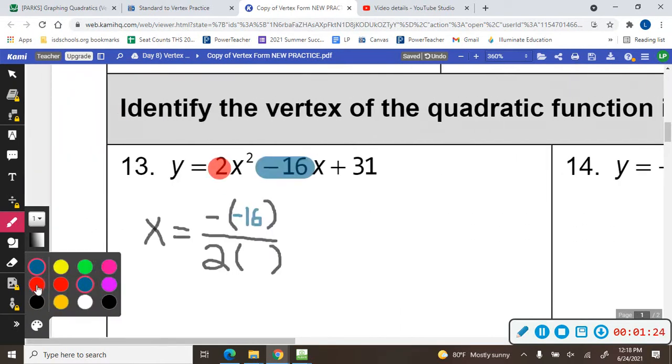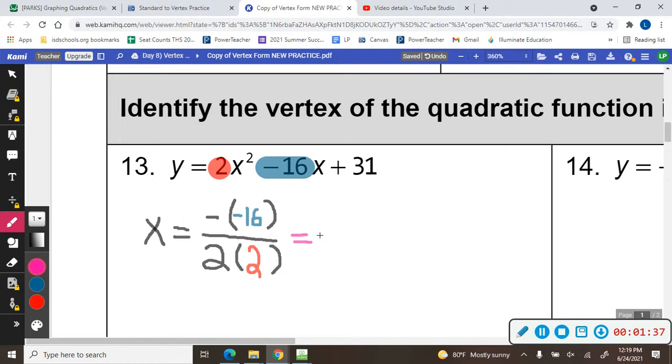So my a is 2. So I put a 2 here. From there, negative 16, that makes positive 16. 2 times 2, that's 4. And 16 divided by 4 is 4.